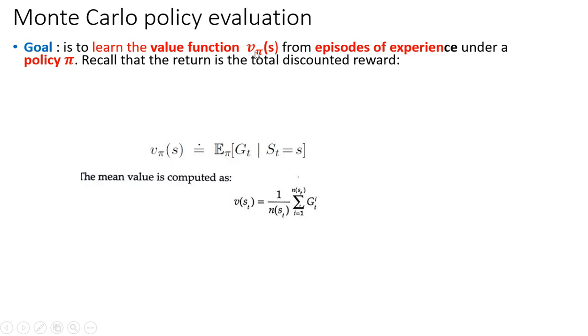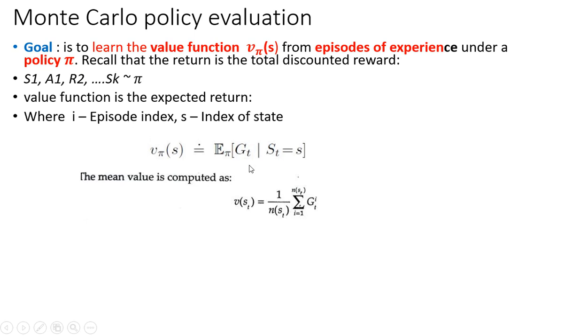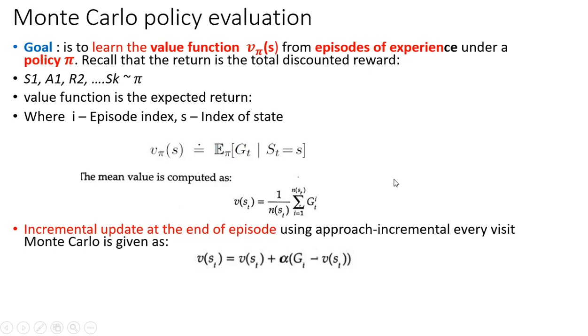The goal here is to learn the value function from episodes of experience under a policy pi. The value function is given as V pi of S equals E pi of GT given ST equals S, where V is the value function and G is the return, so you are finding the value for every experience in the sequence of states.